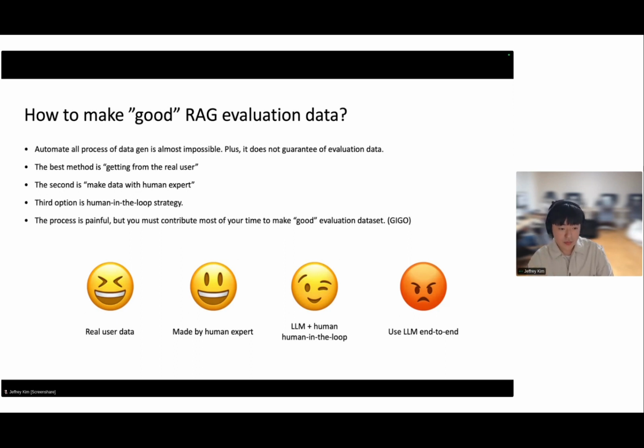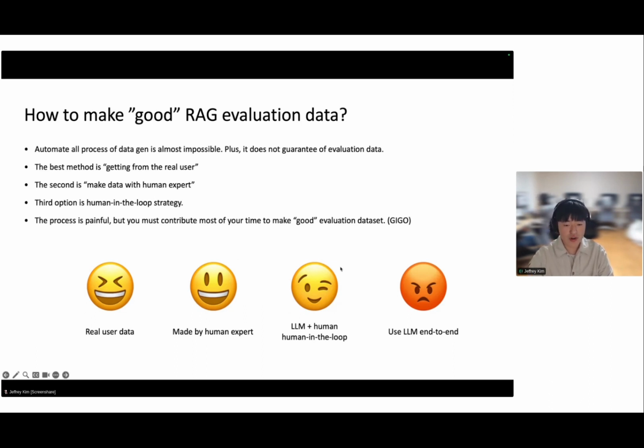But it is kind of expensive because human experts do a lot of things, and making questions and answers one by one is really painful, and maybe many human experts do not want to do it. So the alternative is the LLM plus human strategy. The LLM can generate many questions, and humans can validate and adjust the LLM generation.